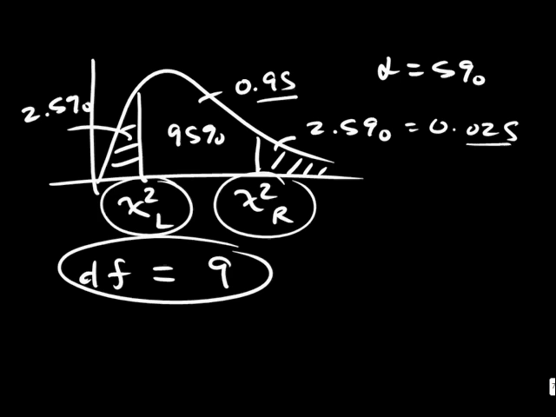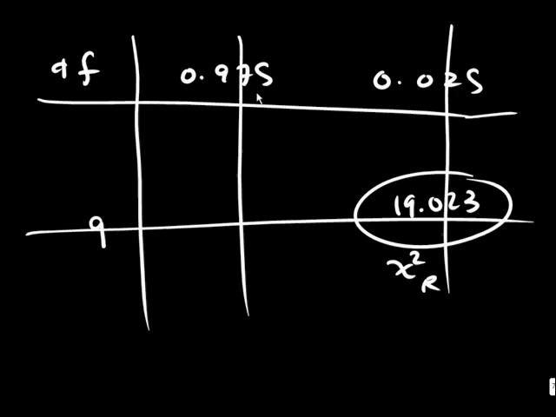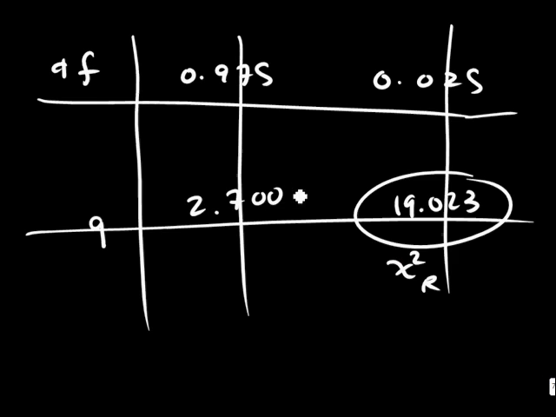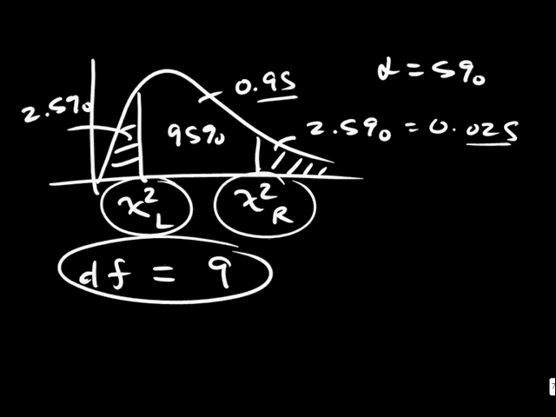Row 9, column 0.975 gives us a 2.7 chi-square value. (2.7, 19.023). Chi-square L.